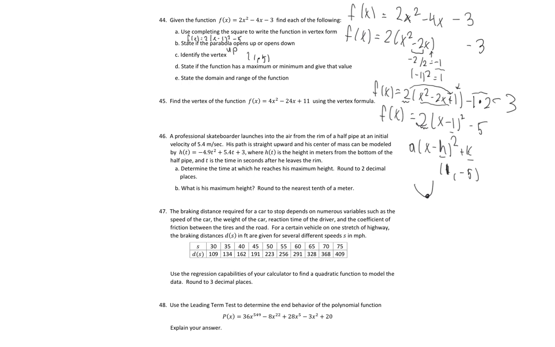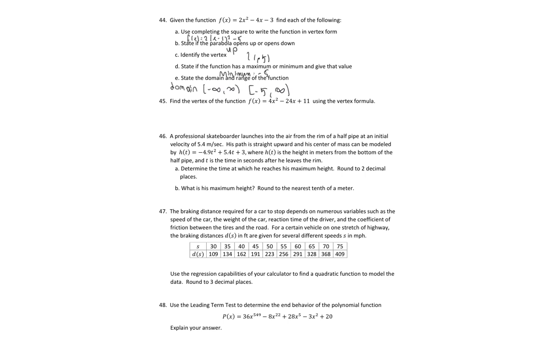Oh, the bottom, so it's the minimum. And what is the minimum? Minus 5. In our domain, well, it's a parabola, so our domain is just going to be everything. We can plug any number in and we'll get out an answer. But our range, well, our lowest is going to be minus 5. It can be everything above.